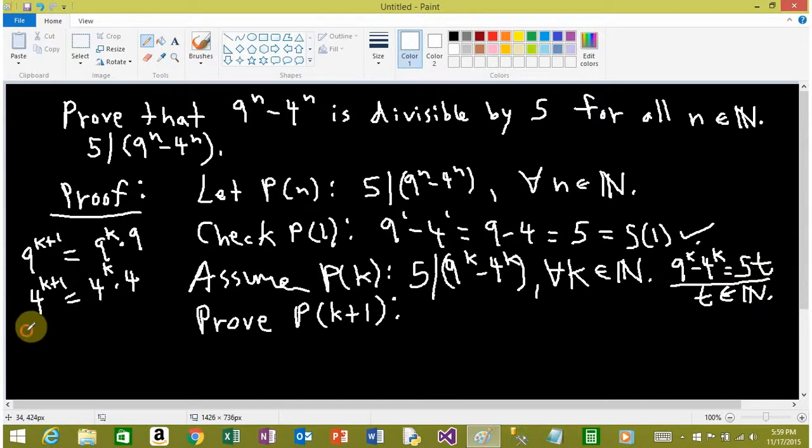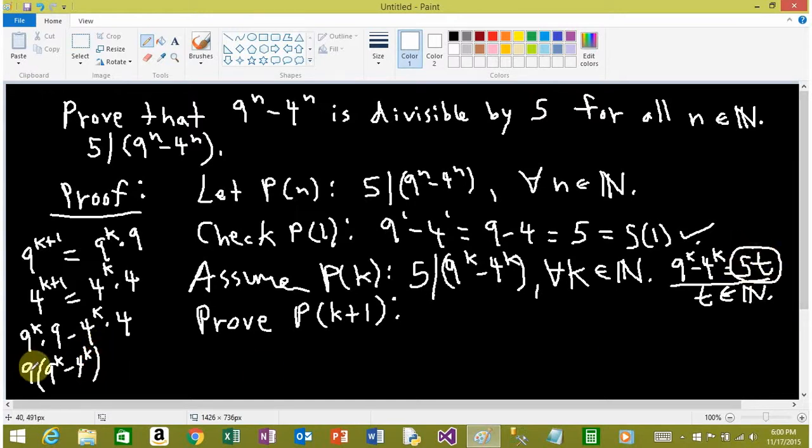So if we have 9 to the k times 9 and then minus 4 to the k times 4, we know we need a 9 to the k minus 4. So if we factor out a 9 here, we're going to get 9 to the k. And I got to have a minus 4 to the k inside here to get that 5t.